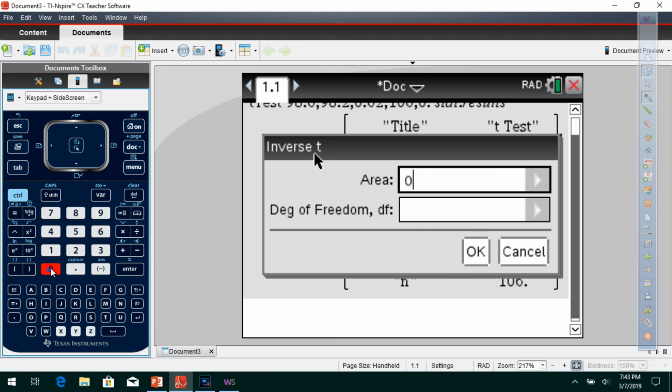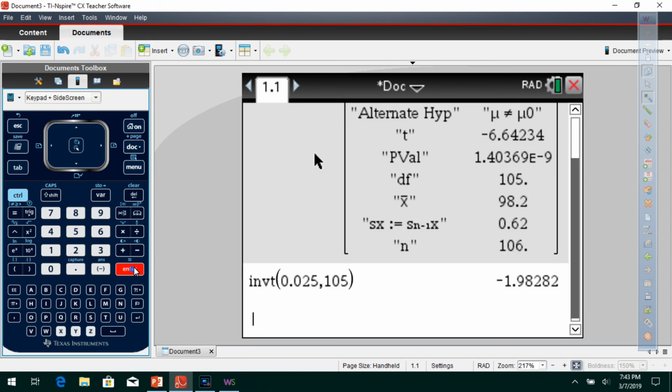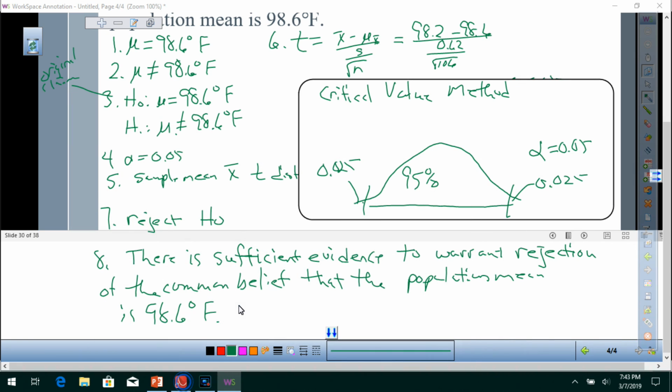Our area is going to be 0.025. Our degrees of freedom is going to be 105. Press enter. And we got negative 1.9828. So we'll say negative 1.983. Now this one over here is going to be 1.983.